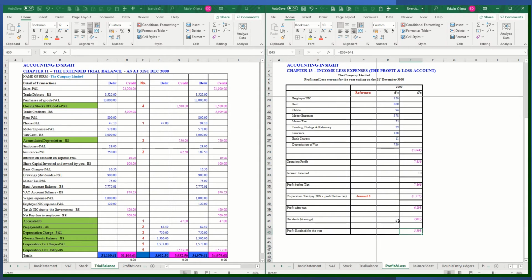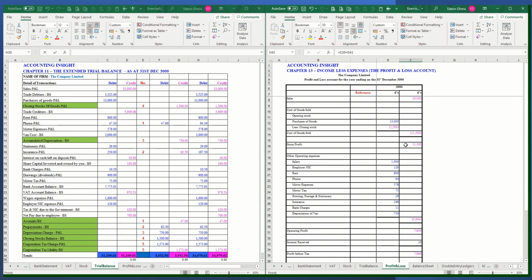So I'm just going to quickly run through the reasons why businesses produce a profit and loss account. One of the reasons is they want to track what parts of the business are making profits. So they might be tracking profit and loss by product or area or country, and they can see where their sales are increasing and their profits are increasing, or where their costs are too high and they need to control those costs.